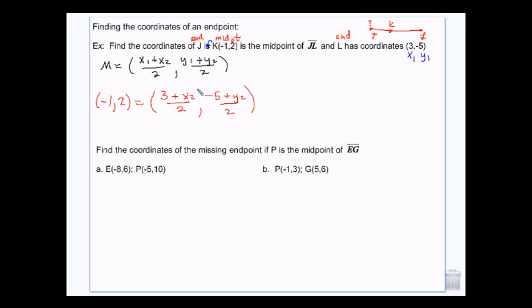Well, this expression right here is what will give us -1. If we had the x and we divide it by 2, we get -1. And this expression right here is what will give us 2.